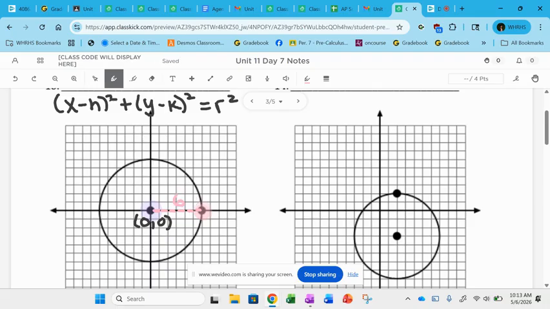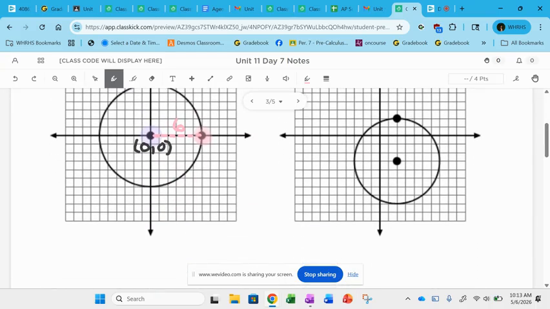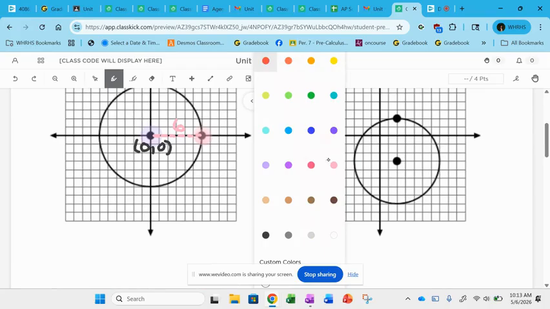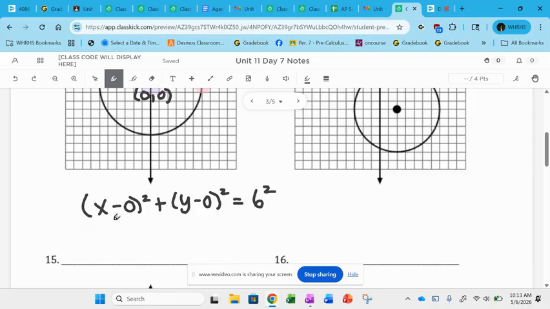Do we agree that's 6 units? So my radius is 6. So when I go to plug in, it's going to be x minus 0 squared plus y minus 0 squared equals 6 squared. So that's going to simplify down to x squared plus y squared equals what? 36.